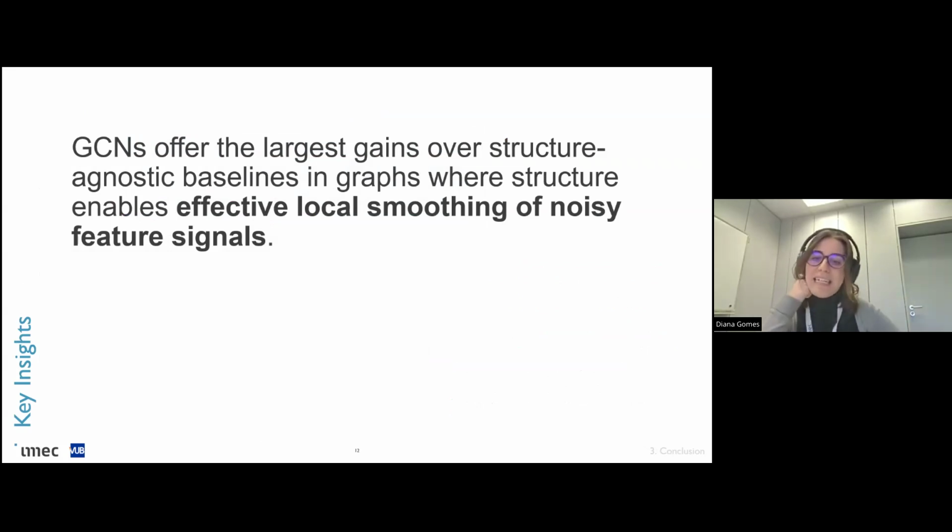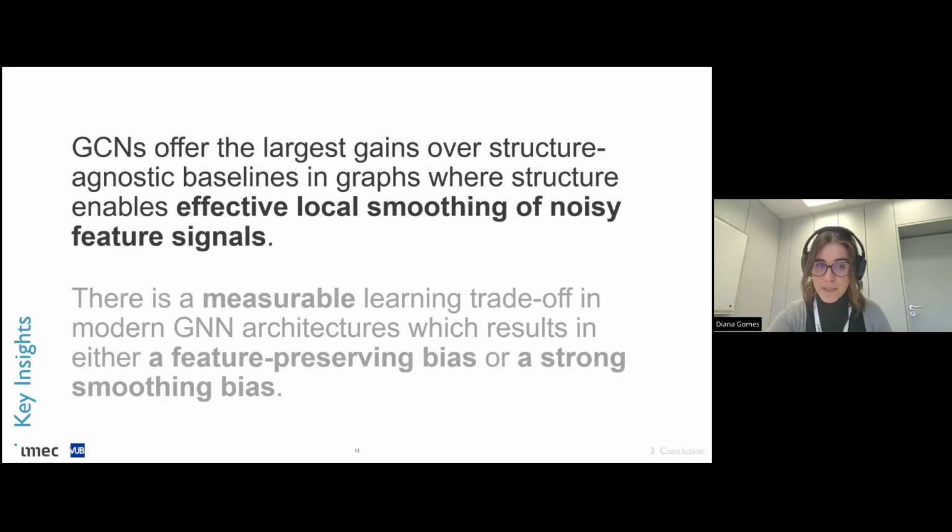So, bottom line, the key insight that this work brought forth is that we identified a sweet spot for applying GNNs. It is when this local smoothing effect that we know they have is actually appropriate for denoising the feature signals by using the structure component.